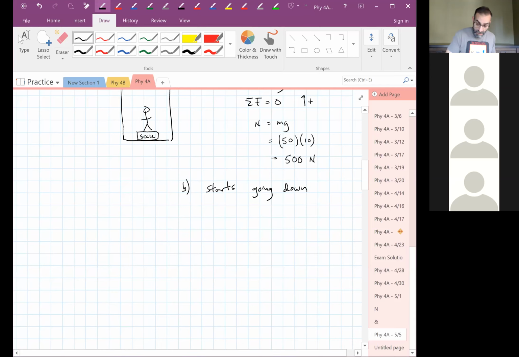And so it's accelerating in that direction. What does the scale read? What does the person feel? The scale is telling us the weight that the person feels.